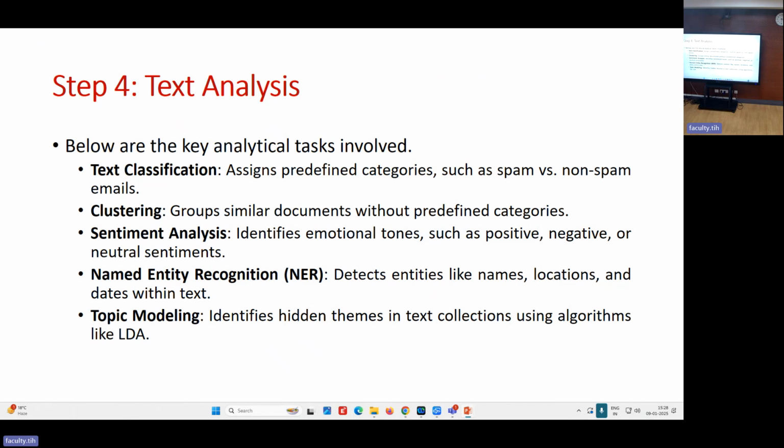Text classification is a supervised learning approach in which you use your previous historical data, and on the basis of that data you do the categorization into defined, predefined classes, right? Like if you have weather forecasting data, yeah, we can say weather forecasting data.